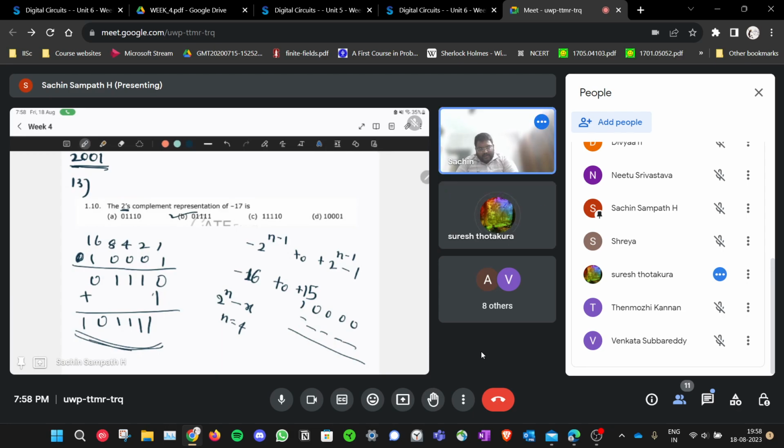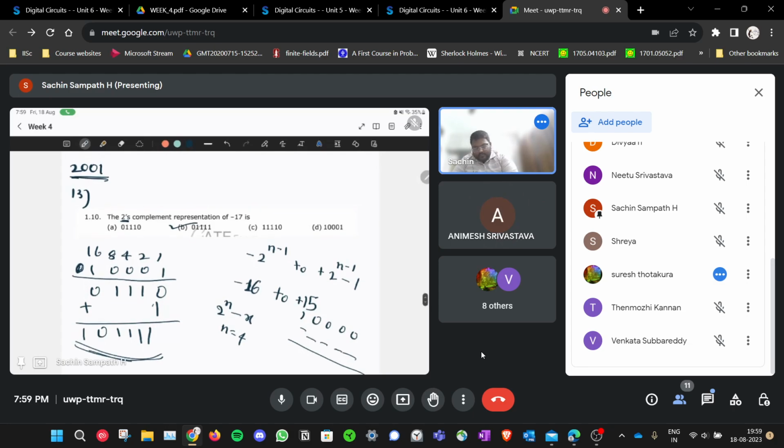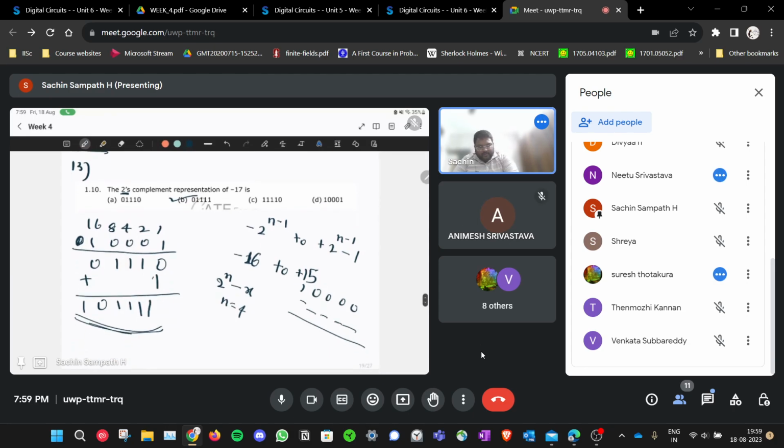No, no, no. How is that right? 1001 means something else in 2's complement representation. The 2's complement representation of plus 17 is 10001. Option D of plus 17. It would be 010001. You took 6 bits.